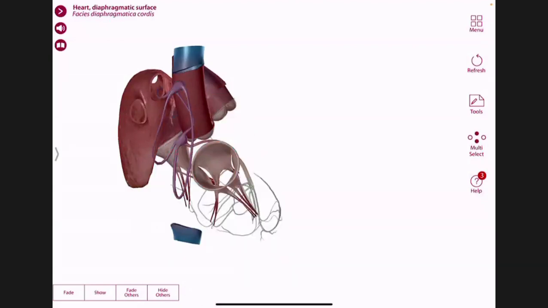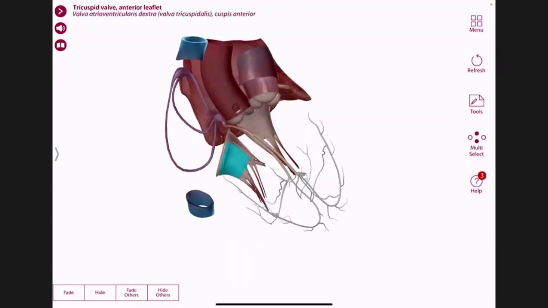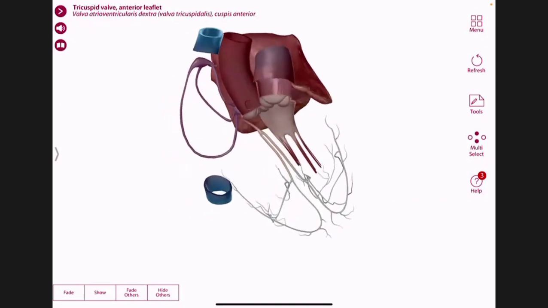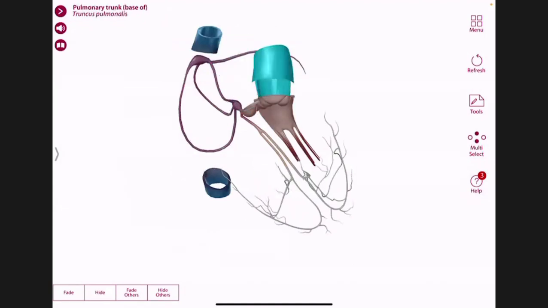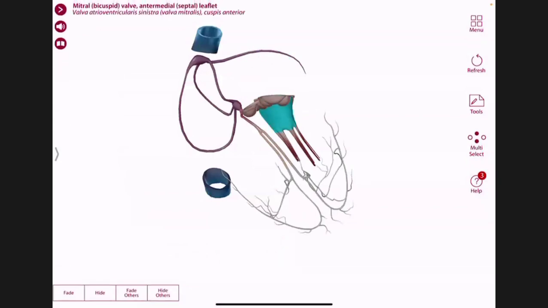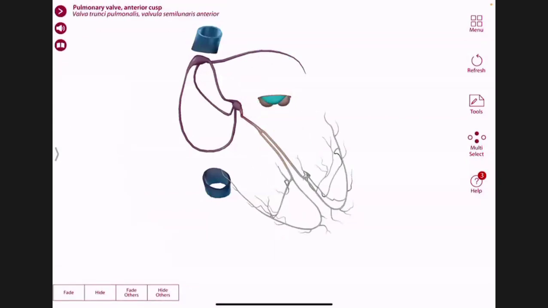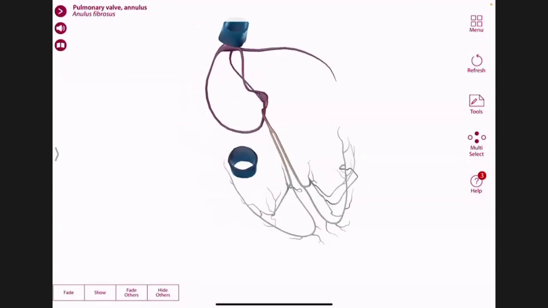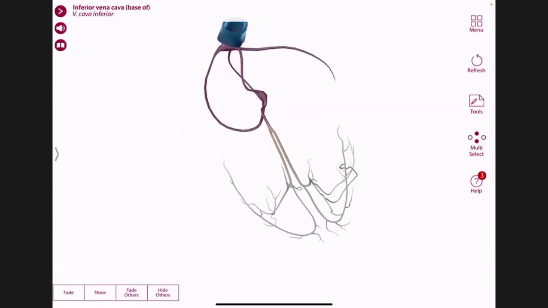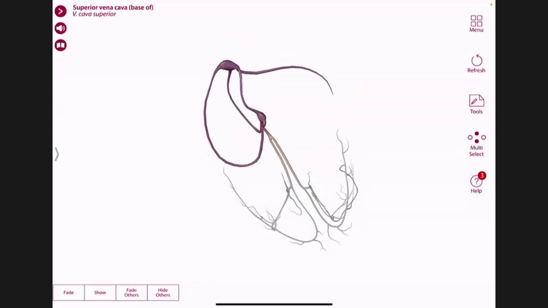And this, let us hide it off so that we see only the conducting pathway. Now we have only the conducting pathway. See, this is the SA node. Here we have the AV node.